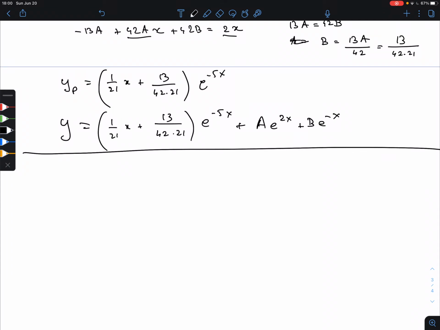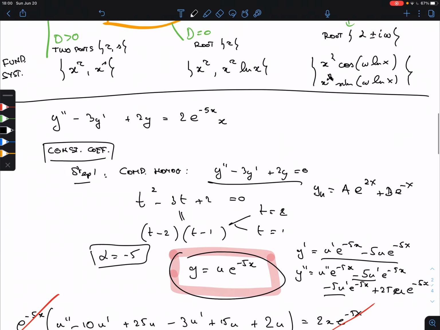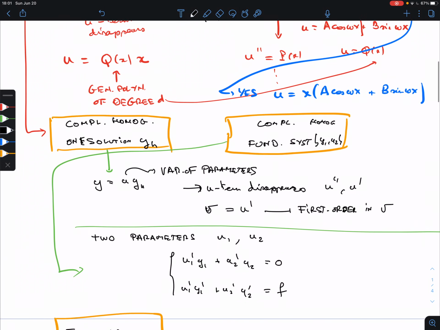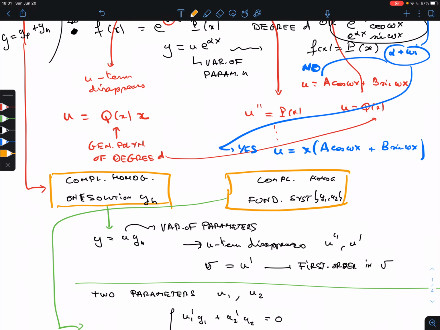Now, I want to do the same problem, but using variation of parameters and reduction of order. It is perhaps not the smartest way. Let's see. Reduction of order, and this we called variation of parameters.